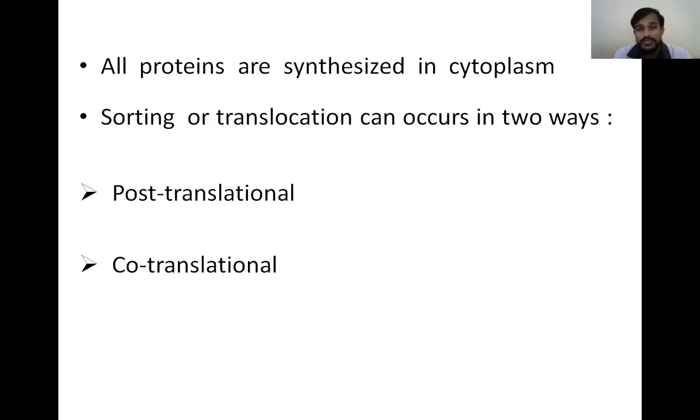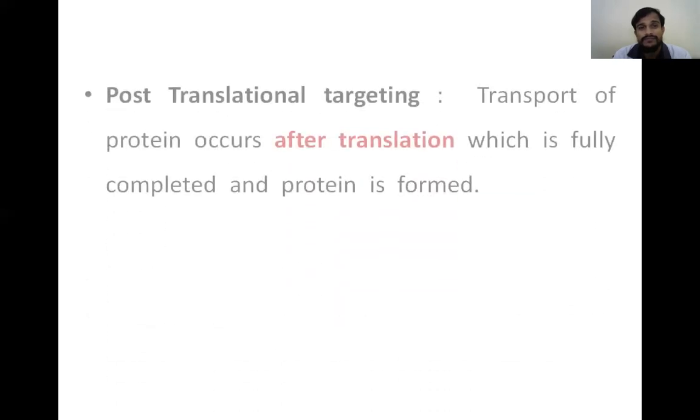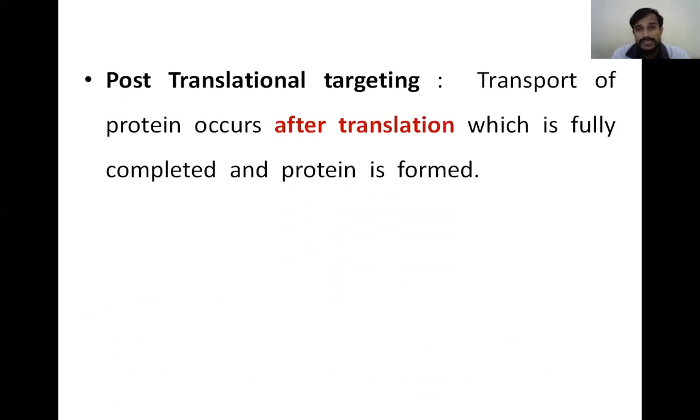So what is post-translational? Post-translational targeting means the transport of protein occurs after translation is fully completed and the protein is formed. So in the cytoplasm, after the translation, the protein is completely formed. After this complete formation, the protein is translocated to its destination. That translocation is known as post-translational targeting.